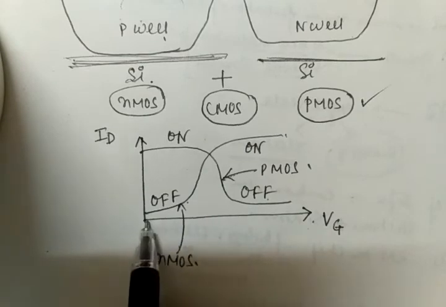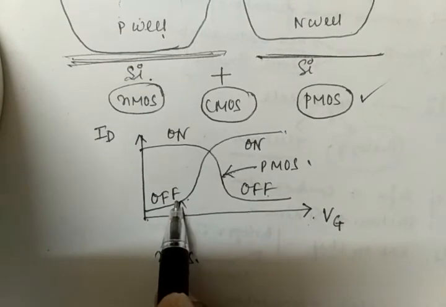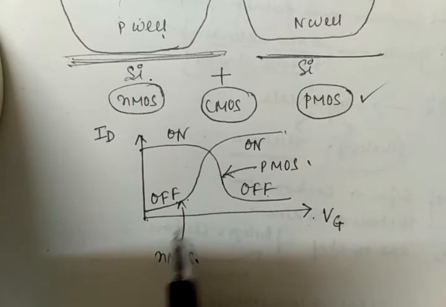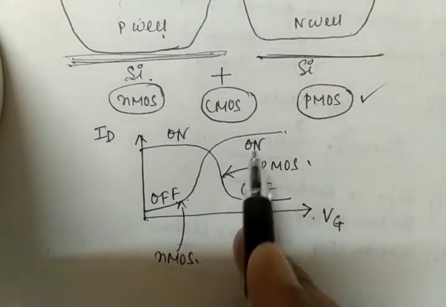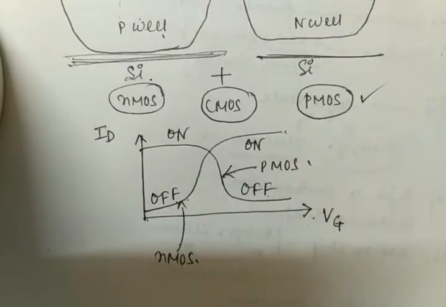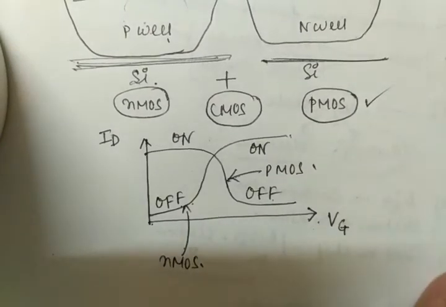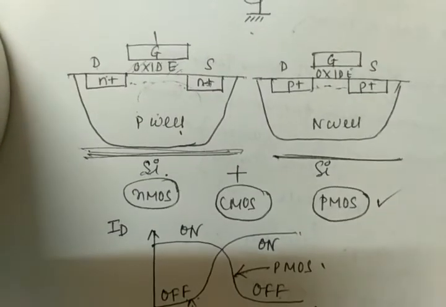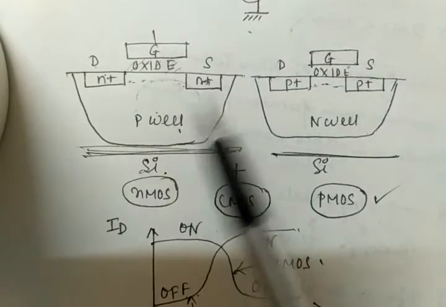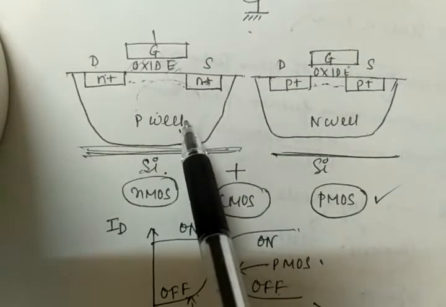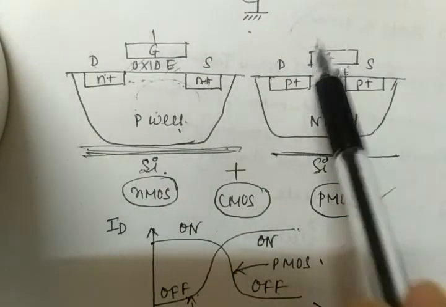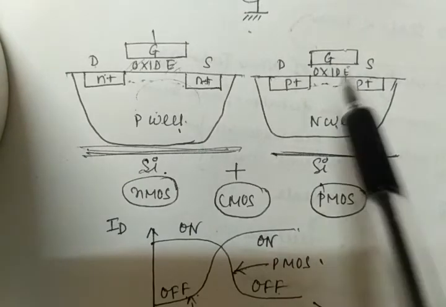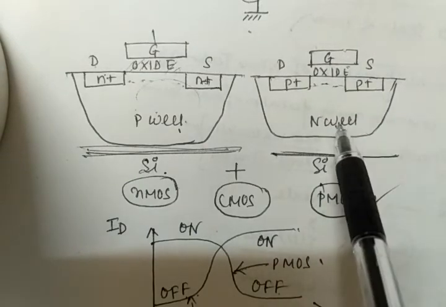So whenever the gate voltage is 0, the NMOS is off. And if the gate voltage is 1, the NMOS is on. So this proves that for the NMOS, if we apply 0, it will be off. And if we apply 0 at the gate terminal of the PMOS, the PMOS will be on.